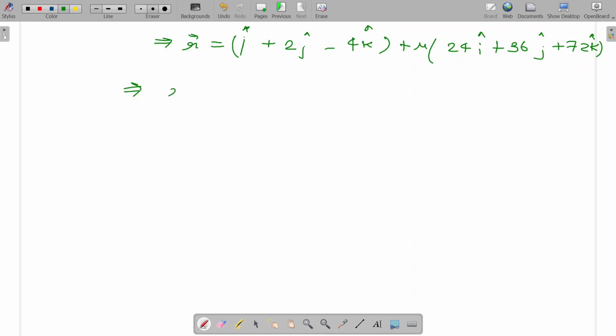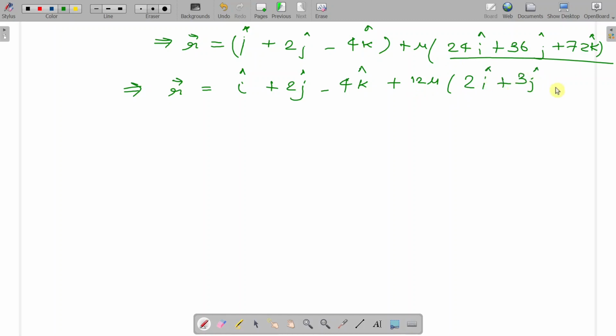So this implies r bar is equal to i cap plus 2 j cap minus 4 k cap plus, taking 12 common from all these, 12 mu times (2 i cap plus 3 j cap plus 6 k cap).